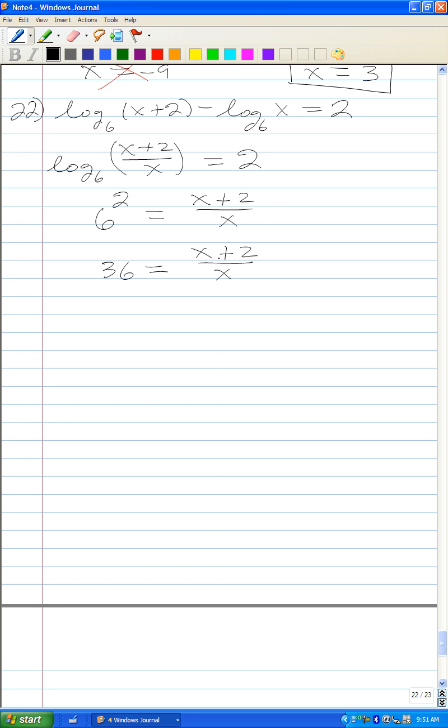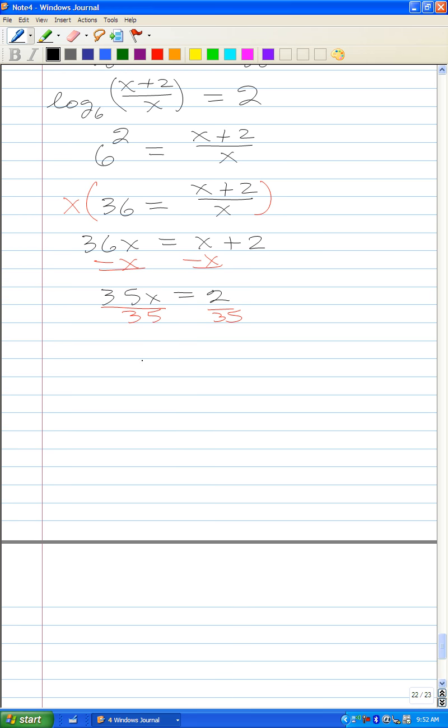Multiply both sides of your equation by x. So 36x is equal to x plus 2. Subtract x from both sides of your equation. So 35x equals 2. Divide by 35.